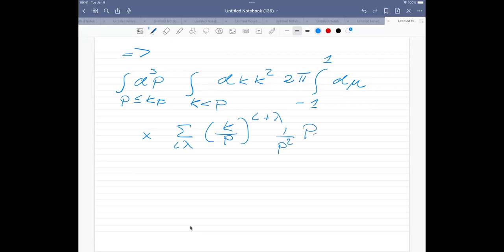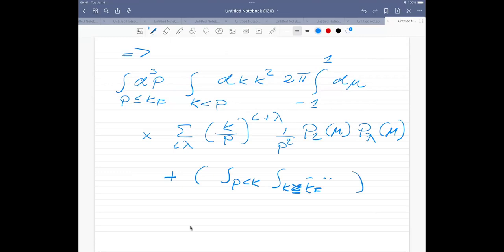And then I have my P_L of mu and my P_lambda of mu. And then there is an additional term, which I just leave like this. I have an integral over p less than k, and the integral over k less than or equal to k_F. And I just put dots here to indicate that the expressions are the same.